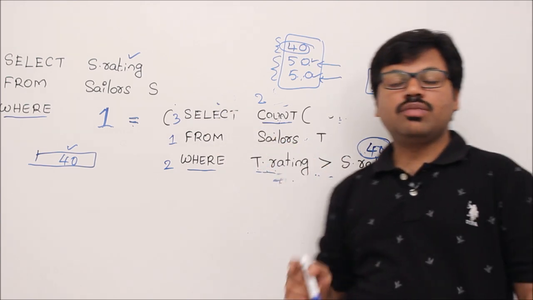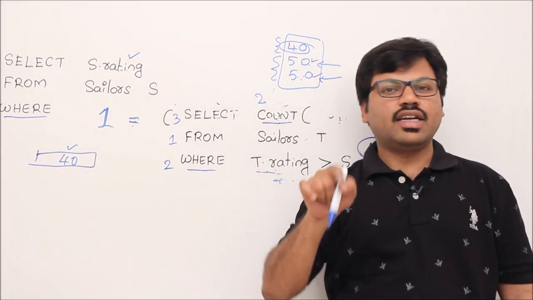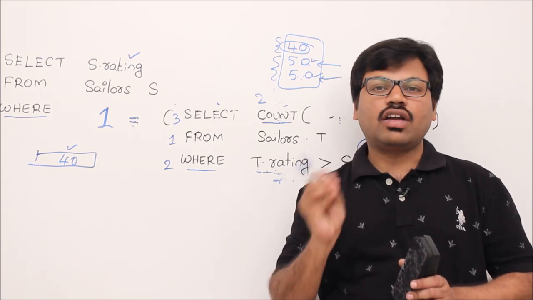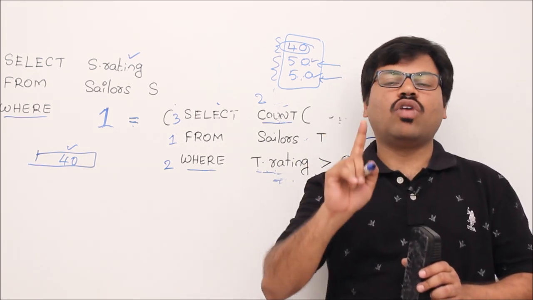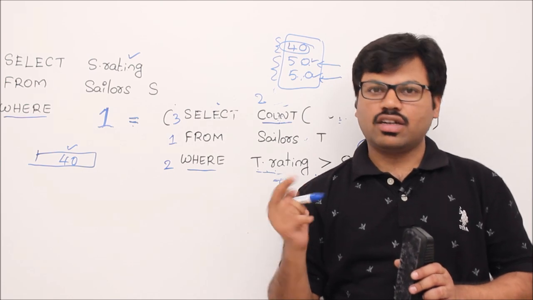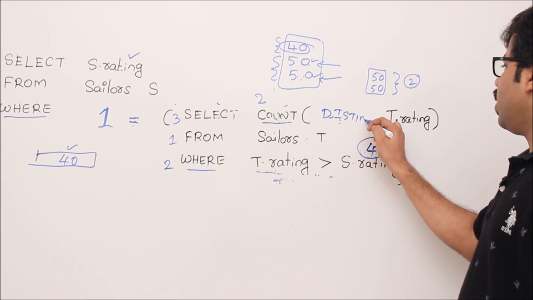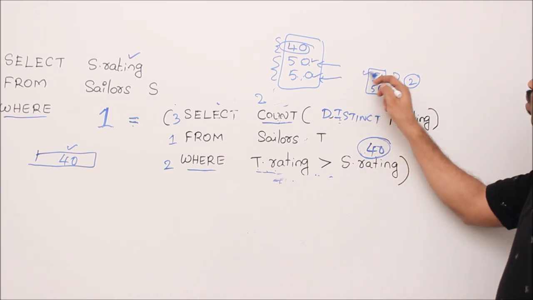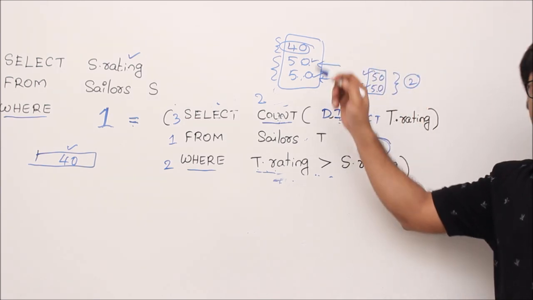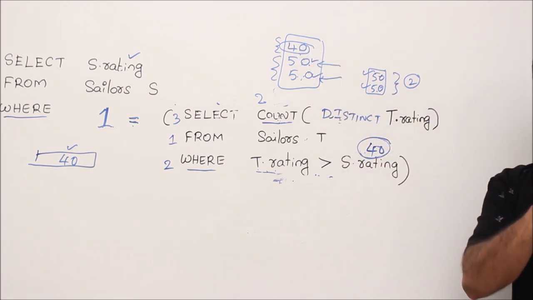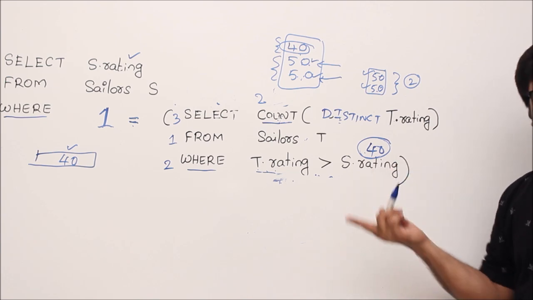So it is not about this count that I want. What is the property of the second highest? Its rating is less than only one distinct rating, correct or not? So here if I write distinct, that problem will be solved. Though there are two 50s which are greater than 40, out of them only one distinct rating is greater than 40.